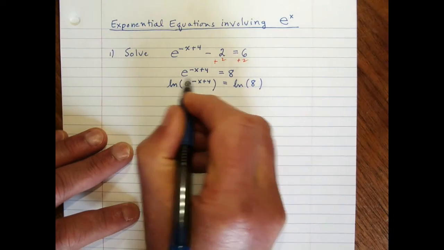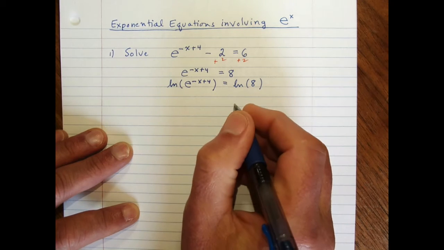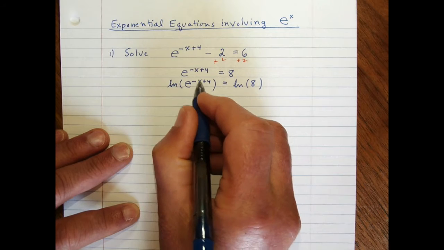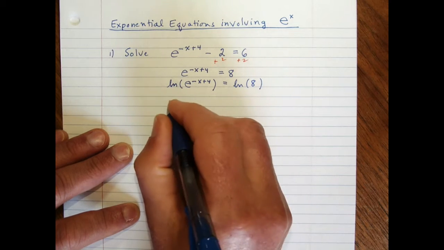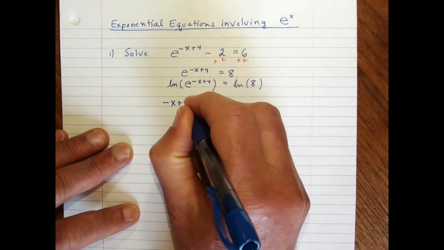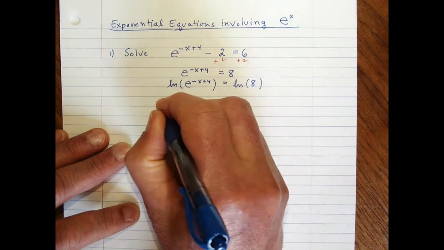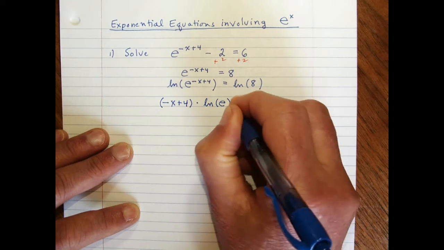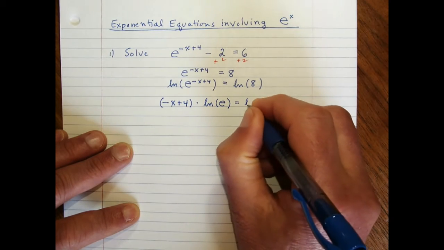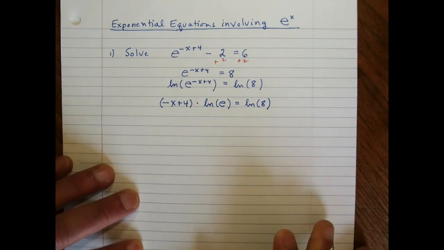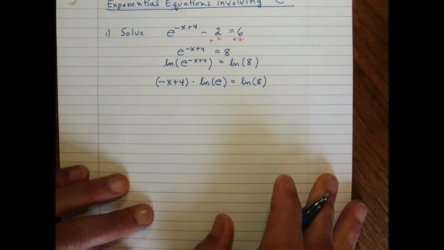And now I'm going to apply the third law of logarithms to bring that exponent out in front as a factor, negative x plus 4. I have to write it in parentheses, times ln of e, equals ln of 8. So here's where there's something new.